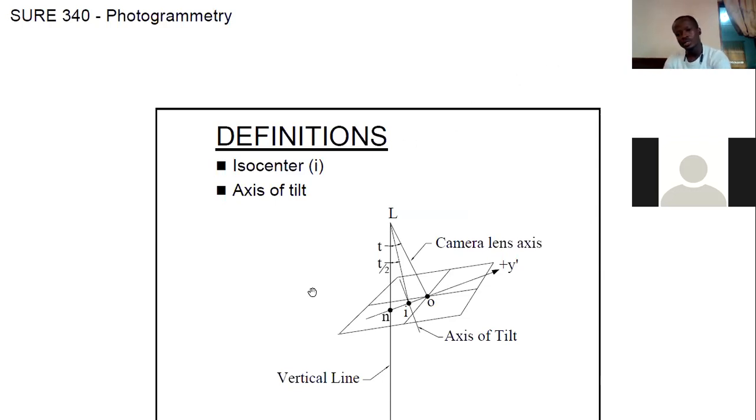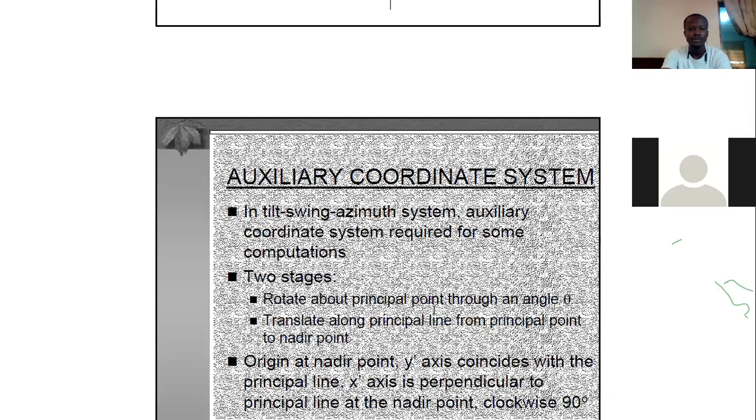So when we exaggerate and go closer, we see that L is there, N is here, the intersection of the vertical, so that's the vertical camera axis. There you go. And camera lens. The isocenter is the bisector of the principal line as it joins the nadir point and the principal center.